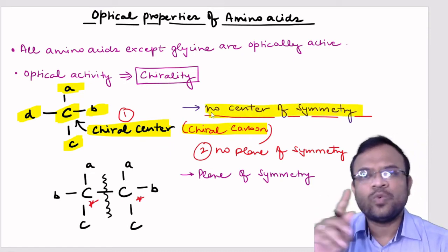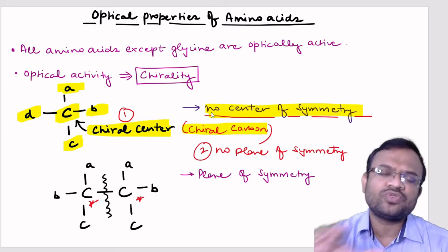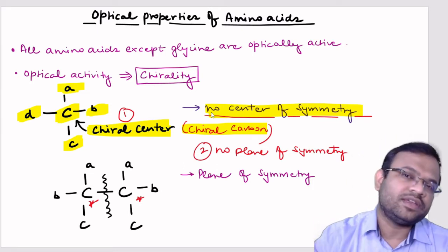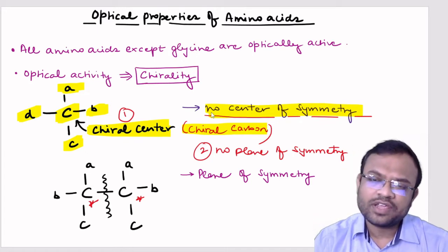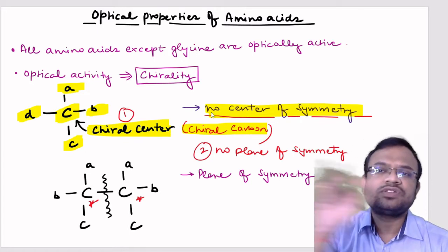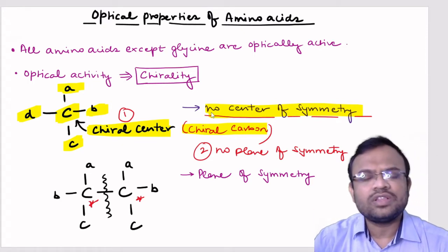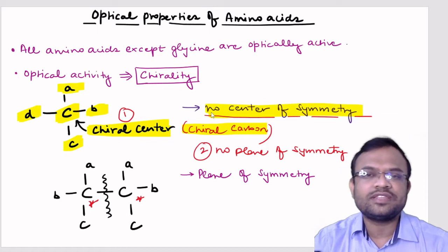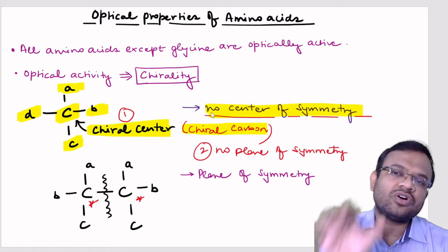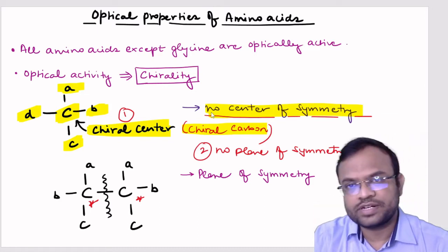So this is one condition which you require for chirality. That means there should be no center of symmetry, and the carbon to which the different elements are attached, all the elements should be different. Or in other words, you can say there should be a chiral center or chiral carbon present.